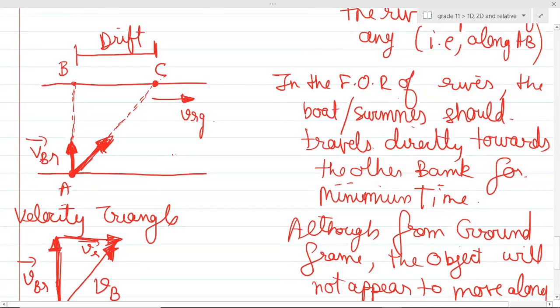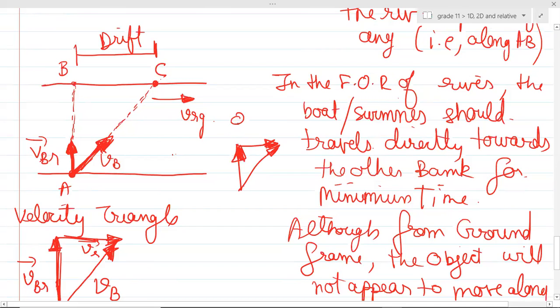So the ground frame says the object will be moving towards point C, although he will be facing towards B. He'll be just facing directly towards the other bank, trying his best to move in the forward direction without changing its direction. The object is trying to move in this direction, whereas the river is trying to push it in this direction. That's why the overall motion of the object is in this direction.